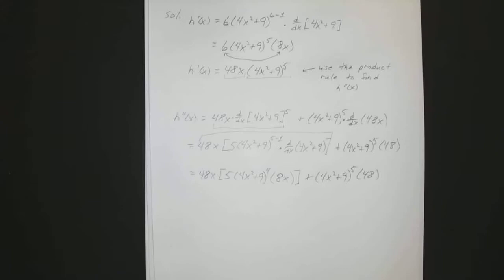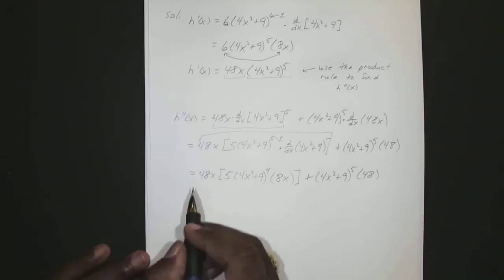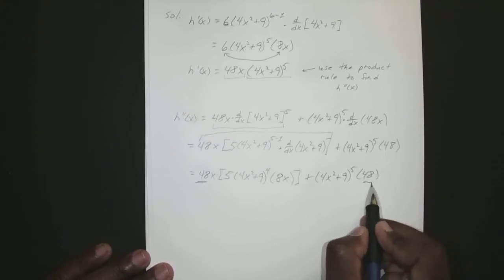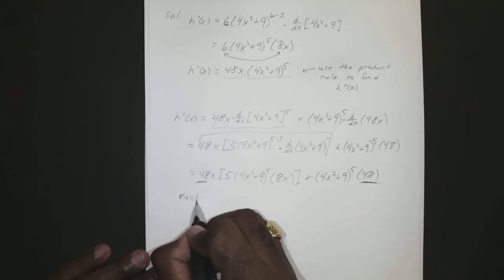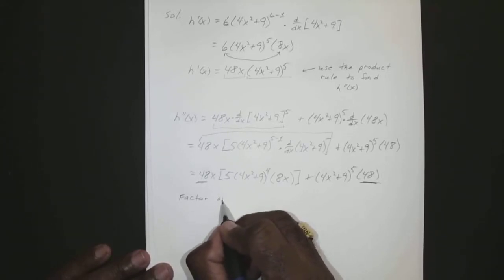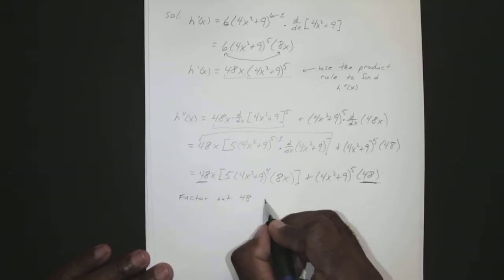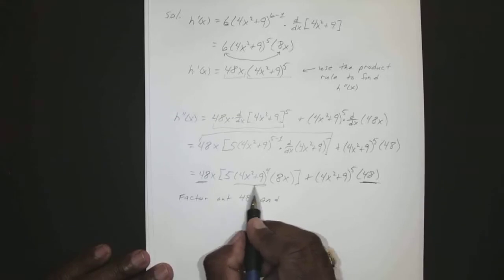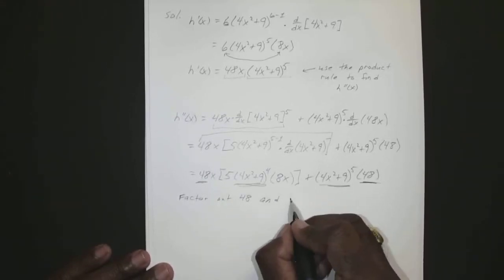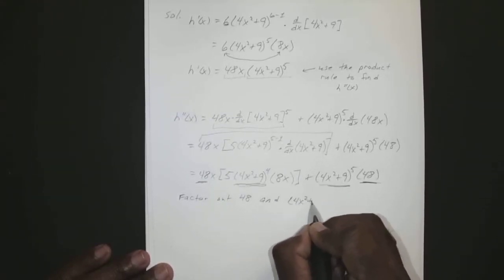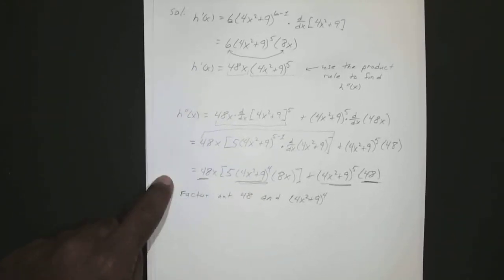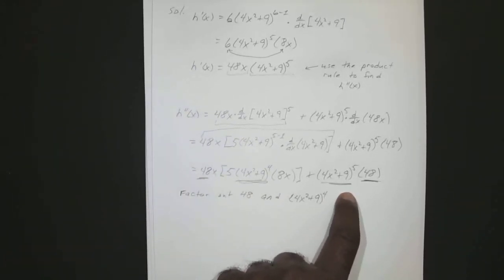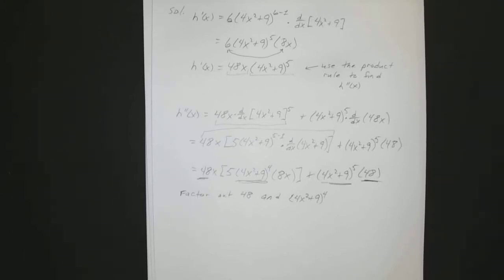Okay, so here's the part you really want to pay attention to because it can get a little bit tricky. If you notice here, for both of these terms, you can factor out a 48 and you can actually factor out 4x squared plus 9 to the 4th power. That would completely disappear, and that one would just be 4x squared plus 9 to the 1st power.